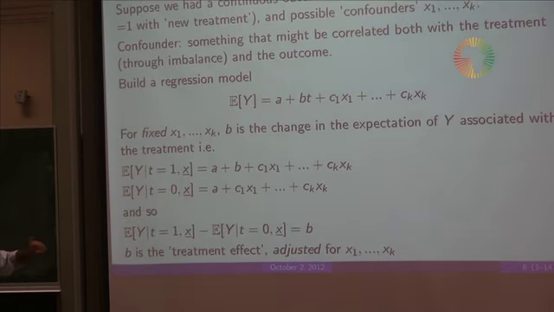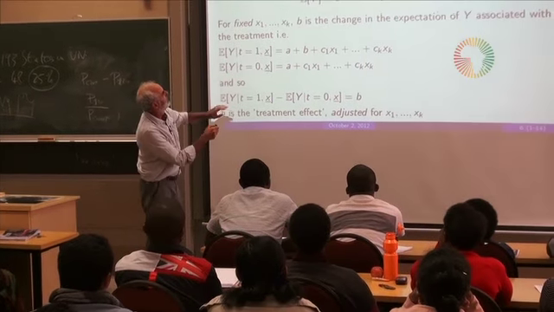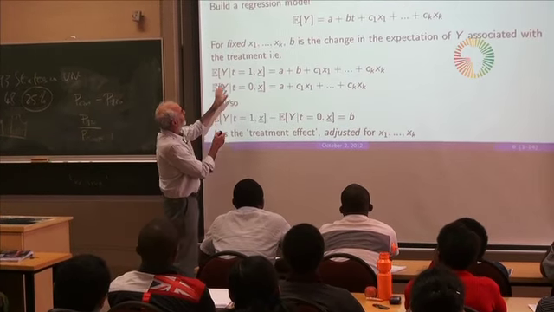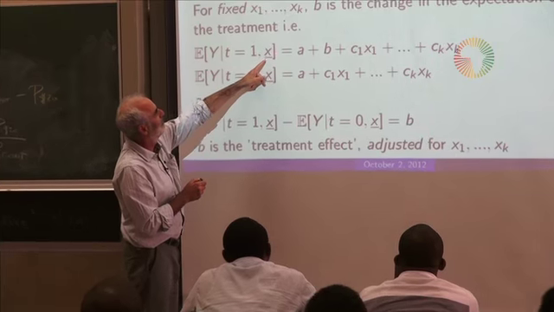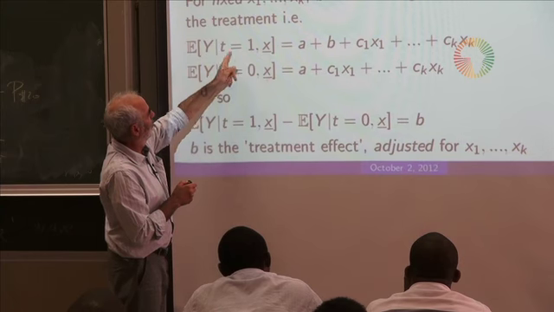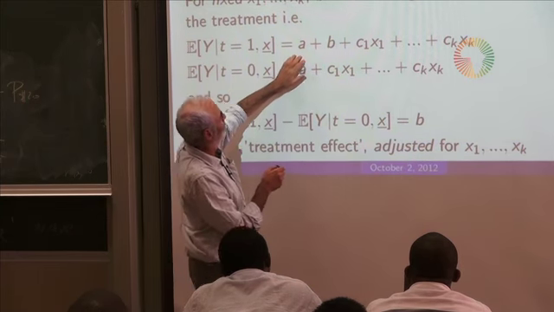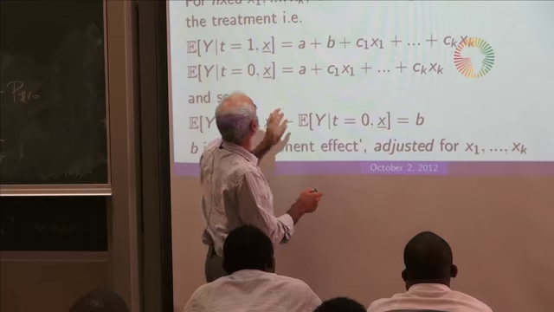Now the trick is, by building this nice linear regression, this nice formula for the expectation, you'll see that if you've got a person with some vector of confounders x, and you give him the treatment, his expected result will be A plus B, because T is 1, plus all this lot.